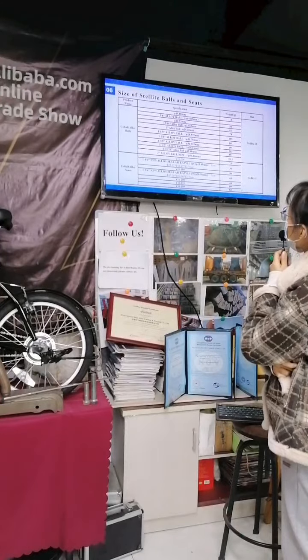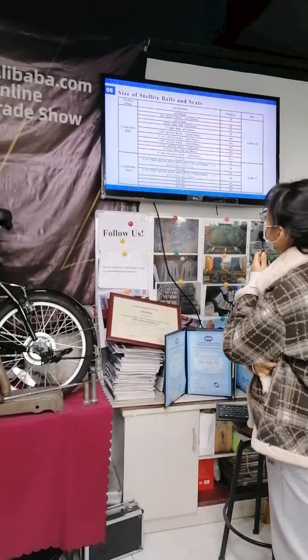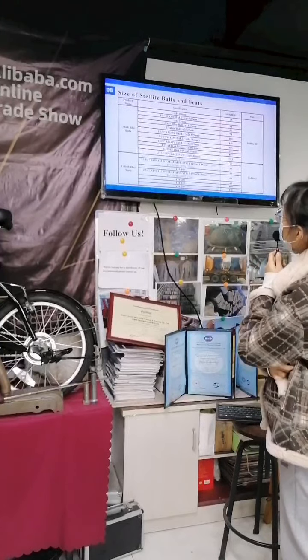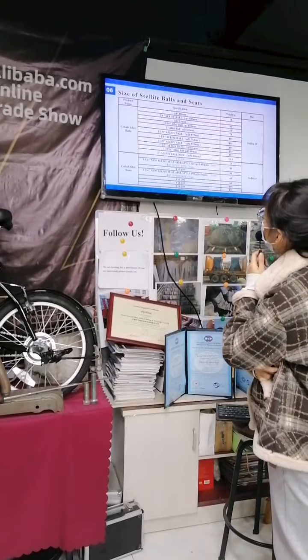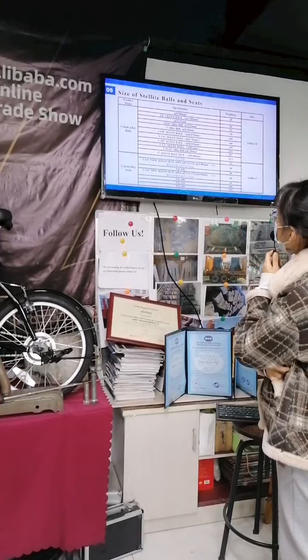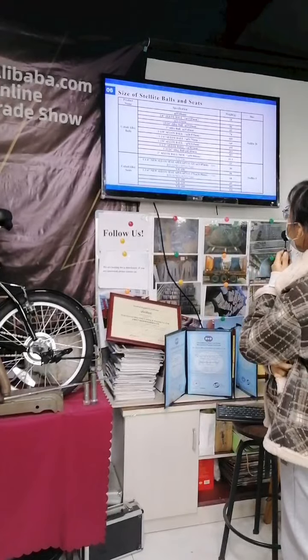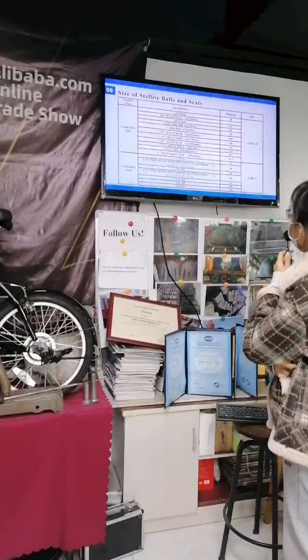This illustration tells us the product name, cobalt alloy balls and cobalt alloy seeds, and their specification and their weights.